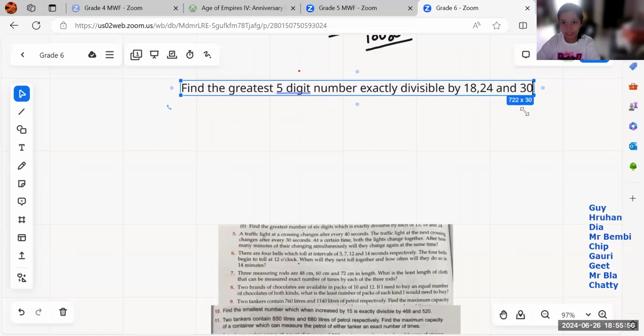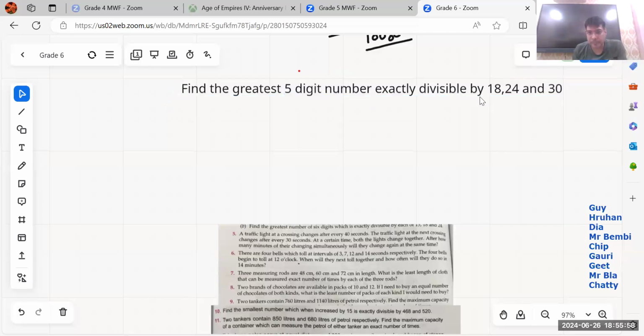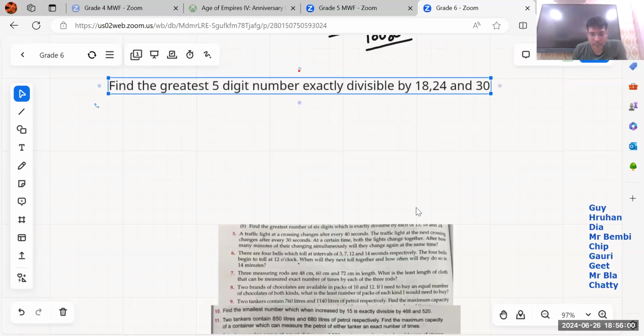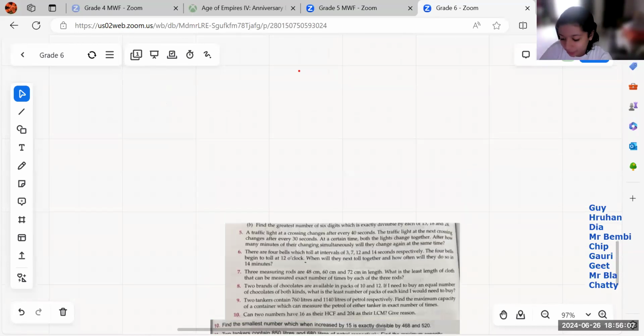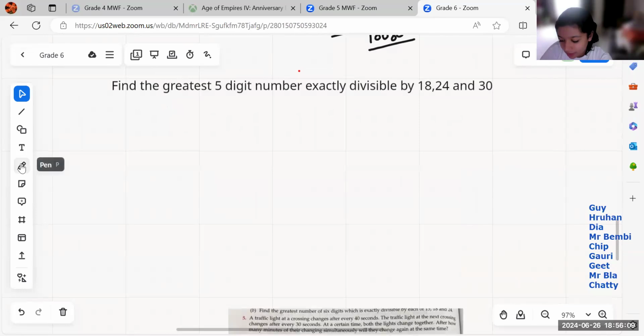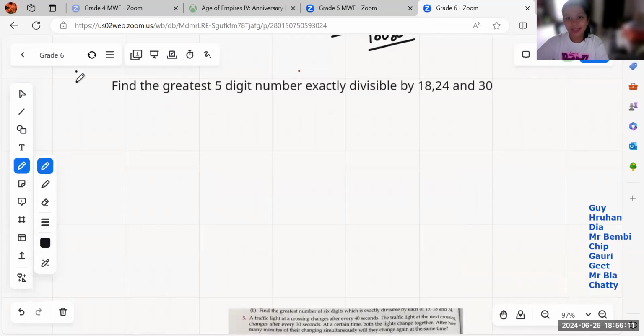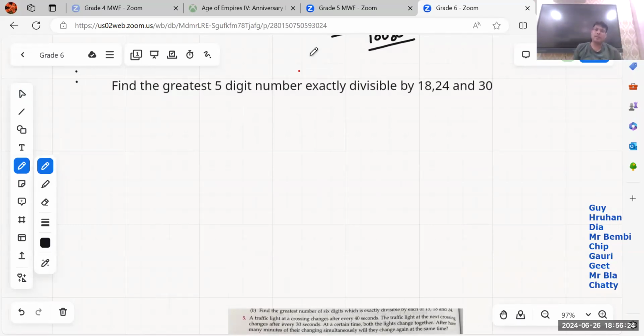Is it only from SPMS, or your school also cuts these questions? Understood? Because the difficulty level is a bit more. That is why.